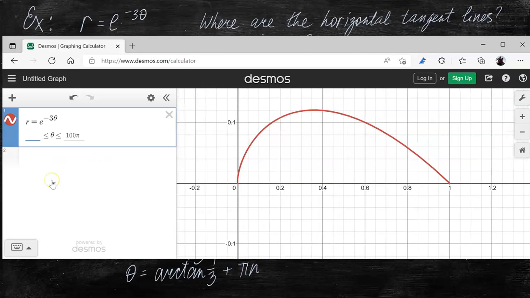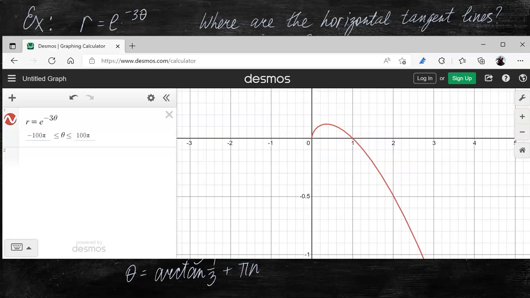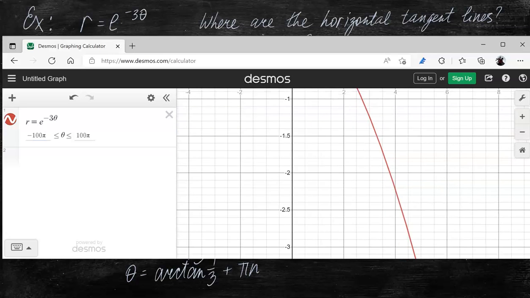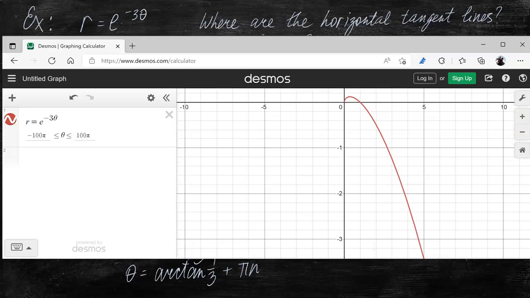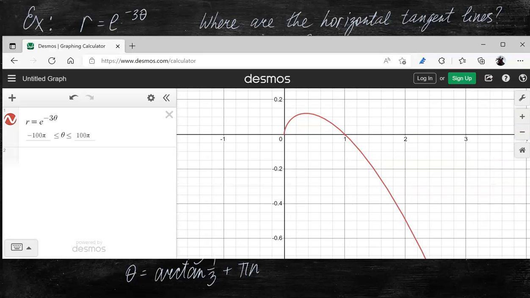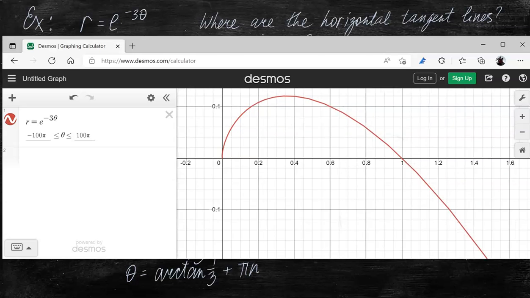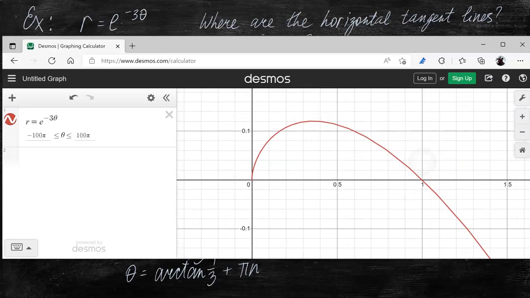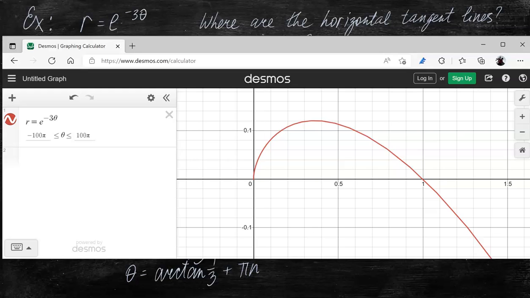Let's allow theta to go negative, and that's where we see where everything is happening. But still, why are there infinitely many points where it has a horizontal tangent line?